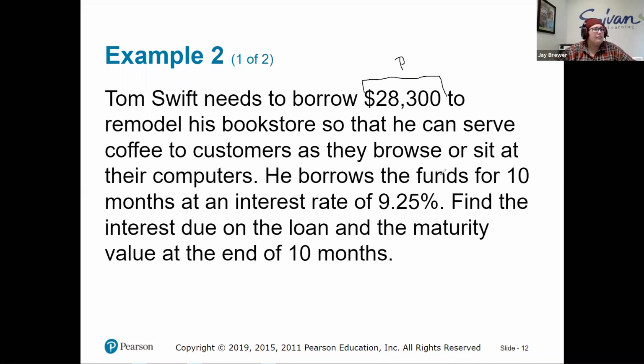I also want to have this out just so I can see who all I can shout out to. All right. We then need to find our rate. So what's our interest rate going to be for this problem?